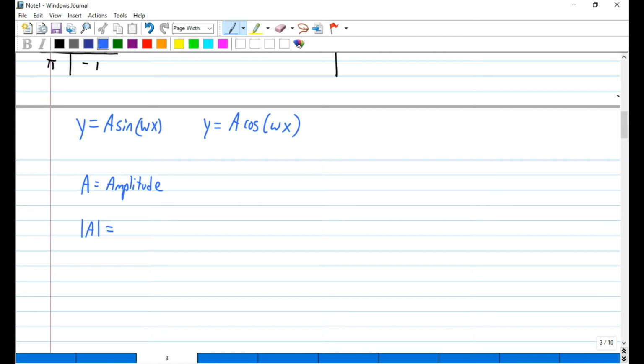So let's say that I had y equals 3 cosine x. And I'm not going to draw this all the way out, but let's say that this graph that I'm about to put up here is y equals cosine of x.